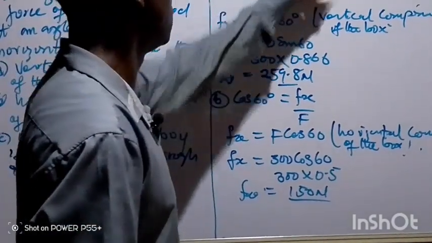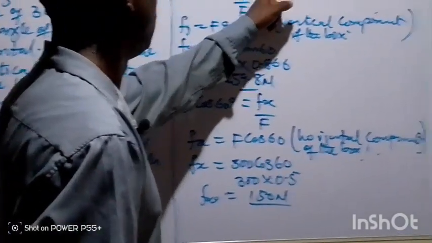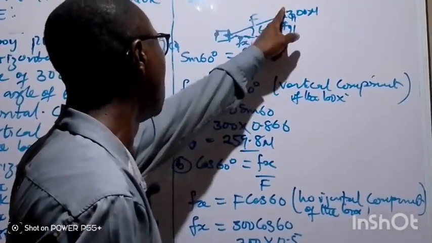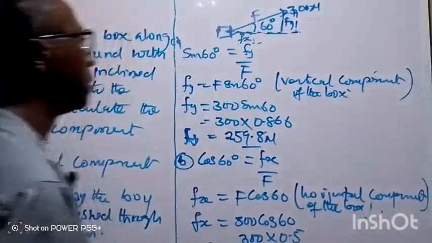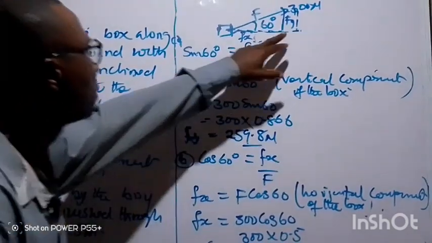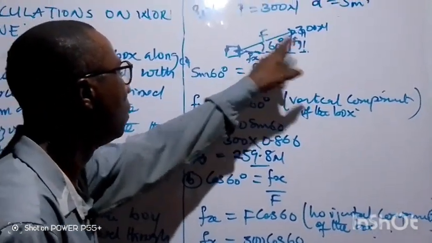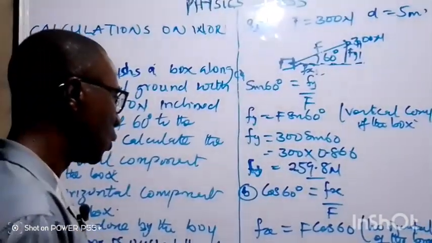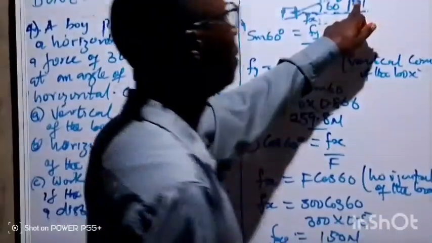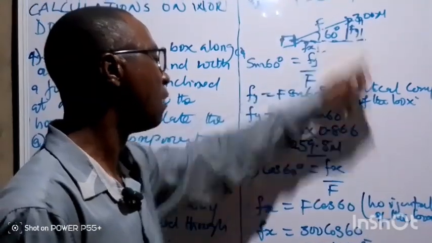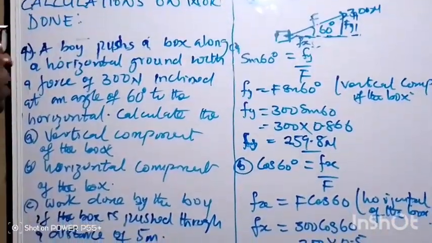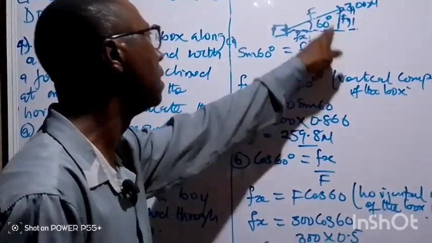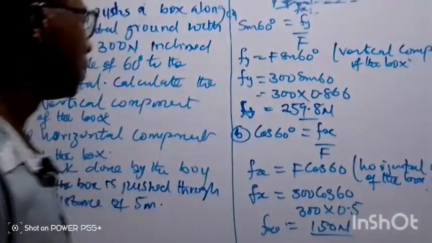The direction of the vertical component is perpendicular to the direction of the force, so the work done along this Fy will be equal to 0. It is only on the horizontal distance, in the same direction as the force, that the work will be done.